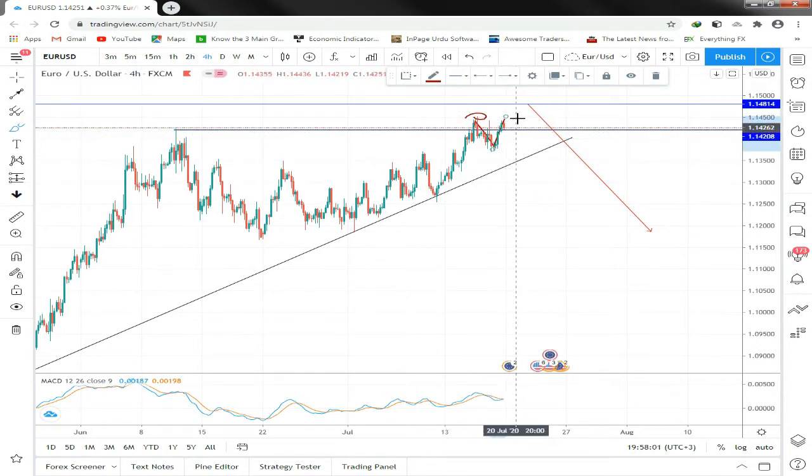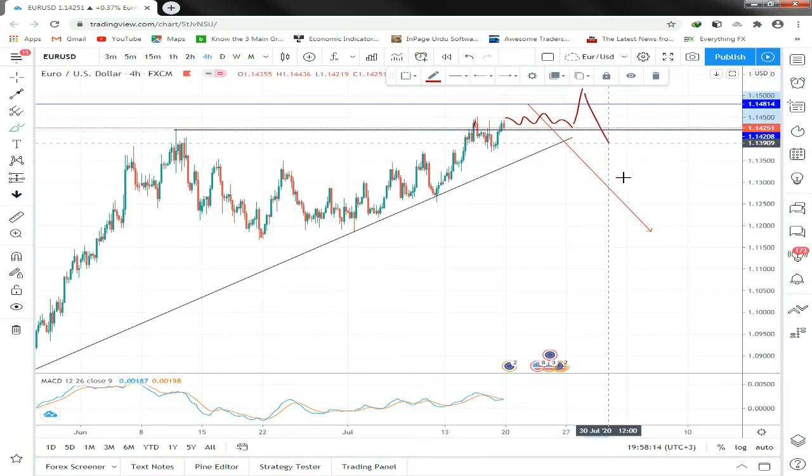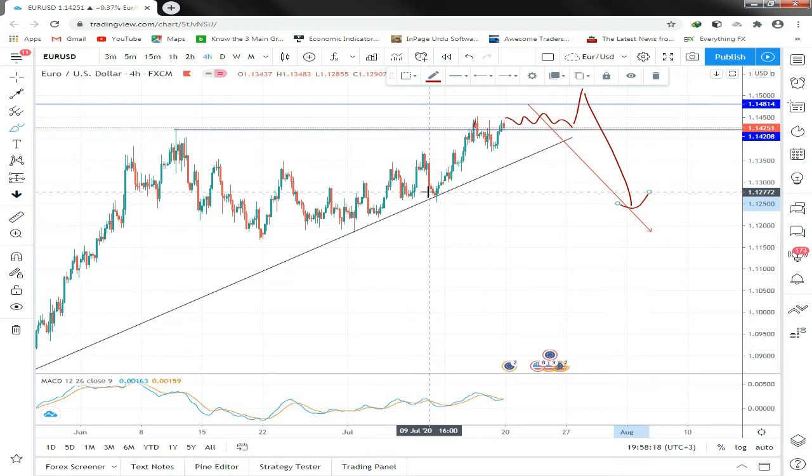In the next week, price is hovering around this area, or we might see some spike upwards before going downside. So my view about the Euro USD is a downside move.